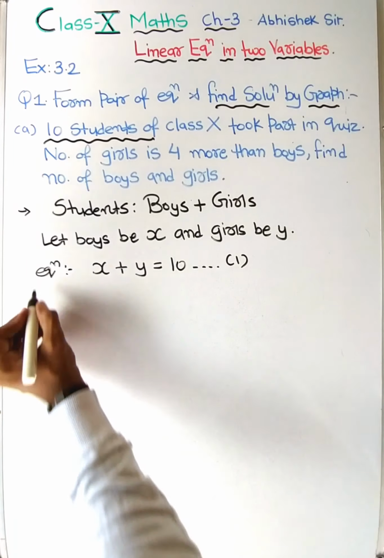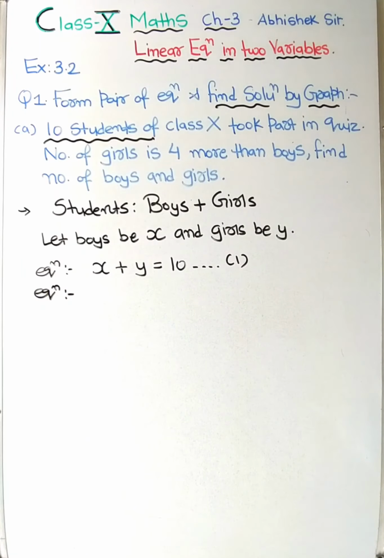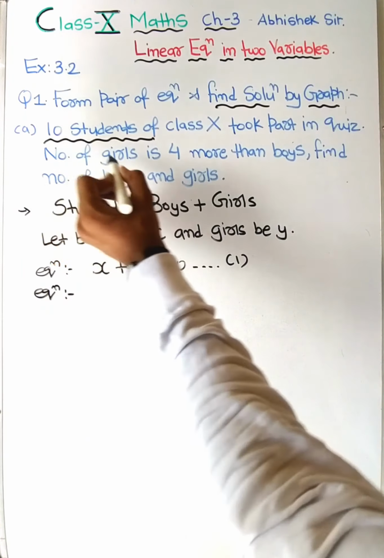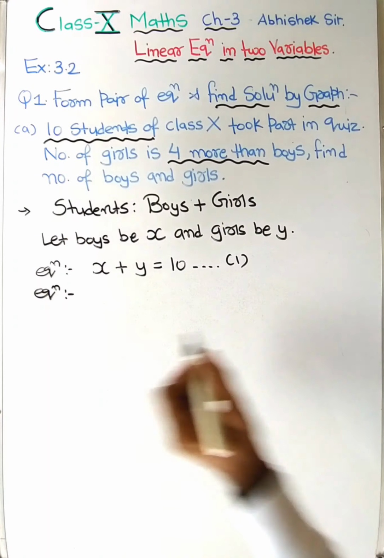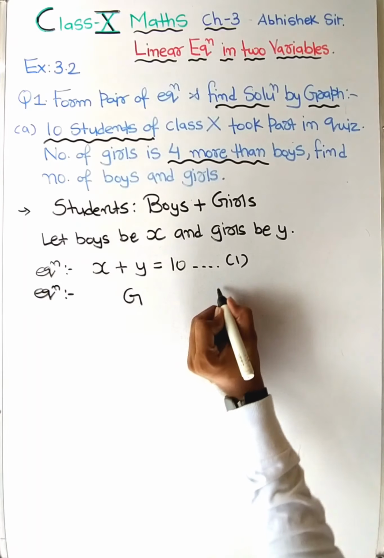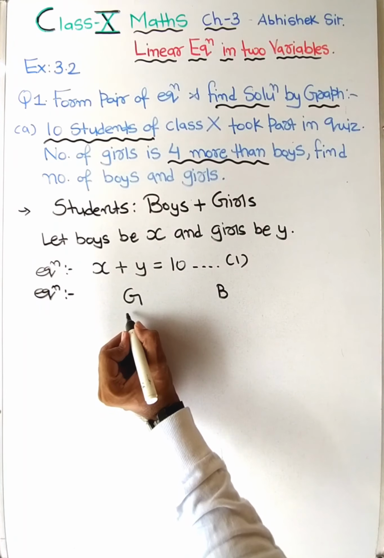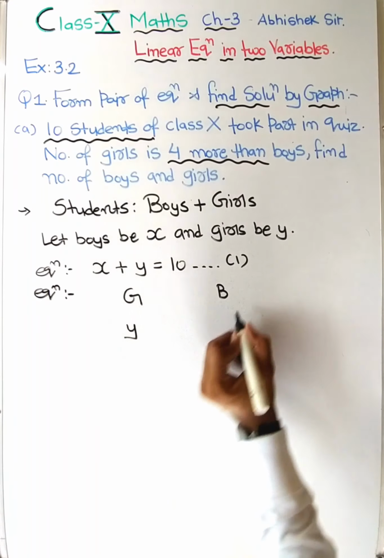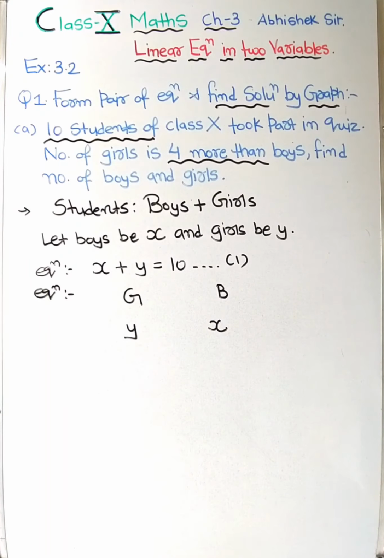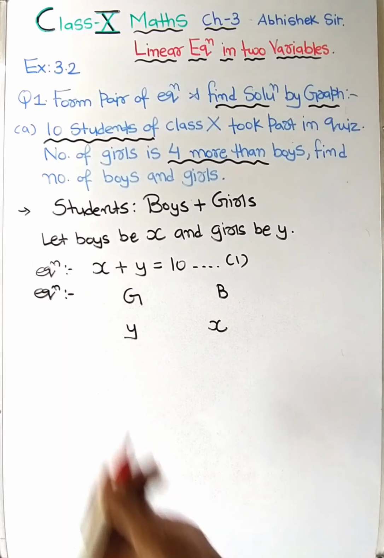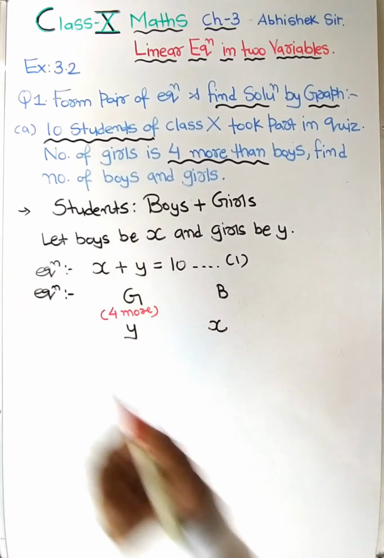And according to the second statement, which is very important: the number of girls is 4 more than boys. Here I am writing girls and boys. Girls we have assumed to be Y and boys we have assumed to be X. Now it is clearly mentioned that girls are 4 more.